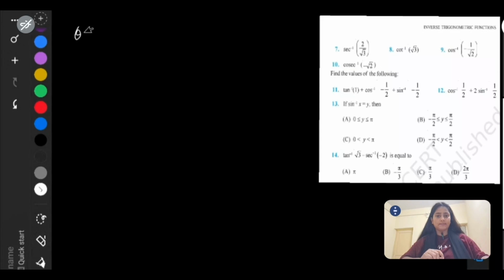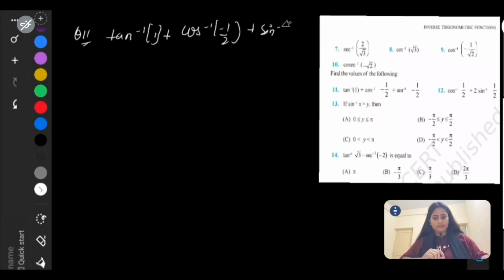Question number 11 is tan inverse 1 plus cos inverse minus 1 by 2 plus sine inverse minus 1 by 2. Now we'll solve this whole expression one by one. We know tan pi by 4 is equal to 1, so we'll put tan pi by 4 in the bracket.